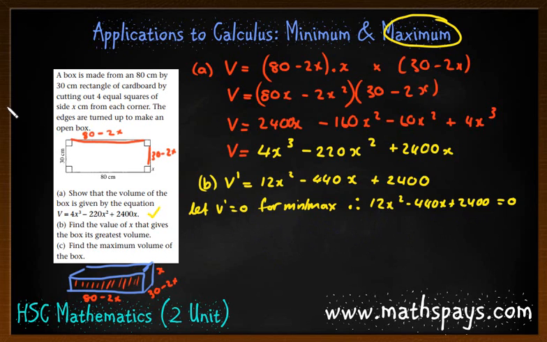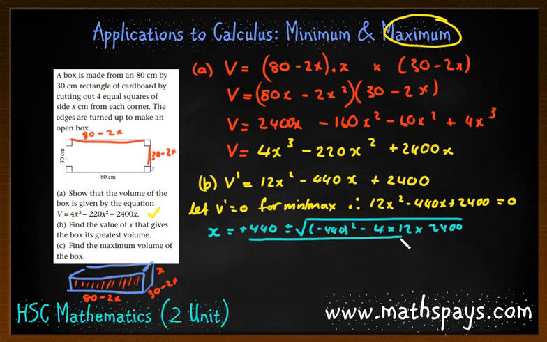So what I'm going to do straight away is just use the quadratic formula. It's one of the reasons why we learned it. So x equals negative b, so negative 440, plus or minus the square root of b squared minus 4 times a times c, all over 2a, which is 2 times 12.